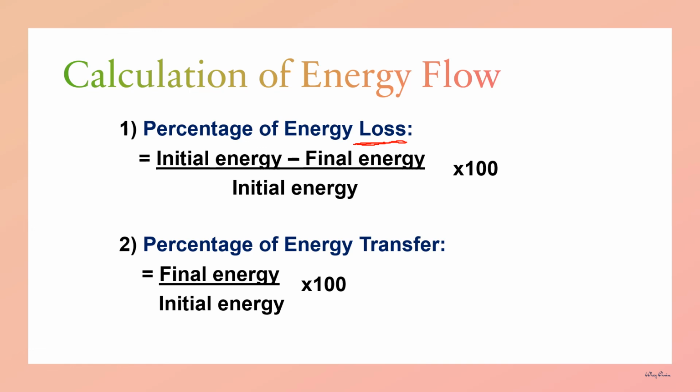Another formula is the percentage of energy transfer, which is the percentage of energy passed to the next trophic level. It is formulated as the final energy divided by the initial energy, times 100 to become a percentage.